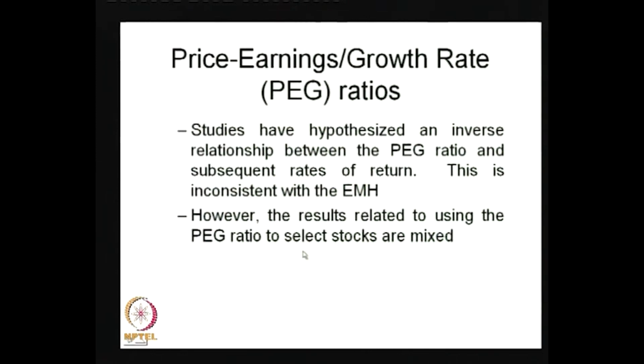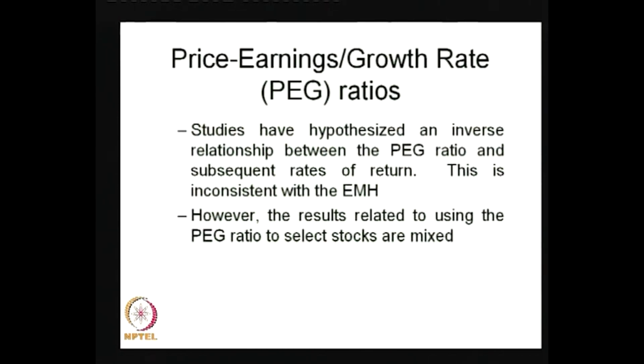Then another way we define these portfolio studies is on the basis of the price earnings to growth rate, where we divide by the growth rate, and we call it the PEG ratio. Here we found that the studies have hypothesized an inverse relationship between the PEG ratio and the subsequent rates of return.